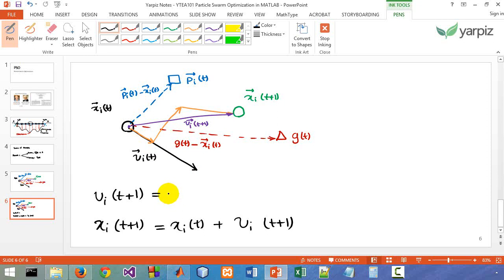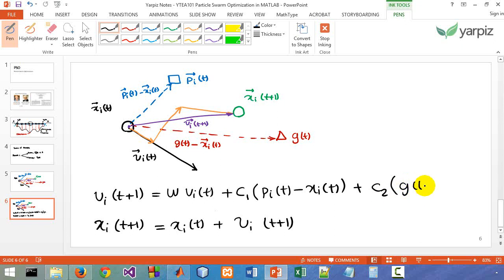For the first component, we denote it as w, a real valued coefficient, w times vit, plus a real valued coefficient, c1, times this vector, pit minus xit, plus c2 times gt minus xit. And these two equations completely describe the mathematical model of PSO.